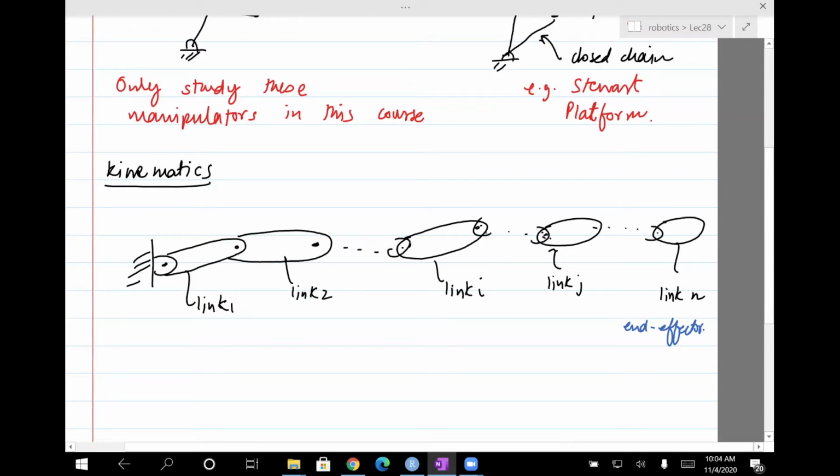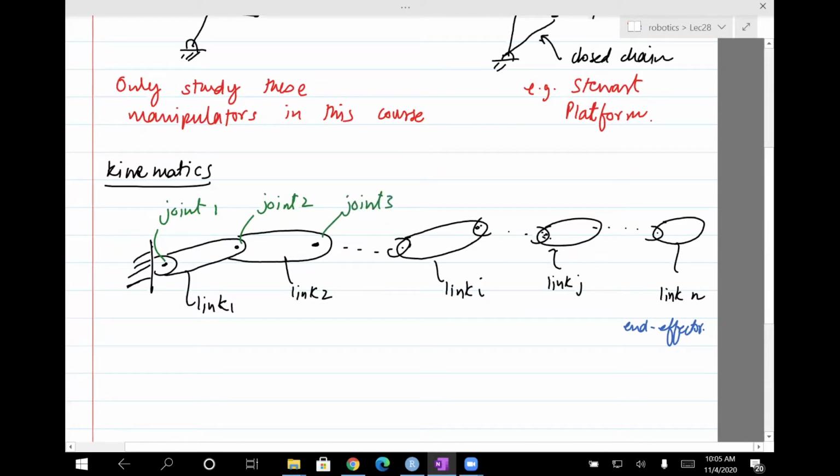Okay, so we'll also have a certain convention for joints. We will call this joint 1, joint 2, joint 3.